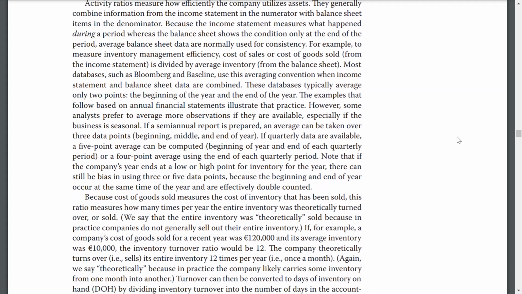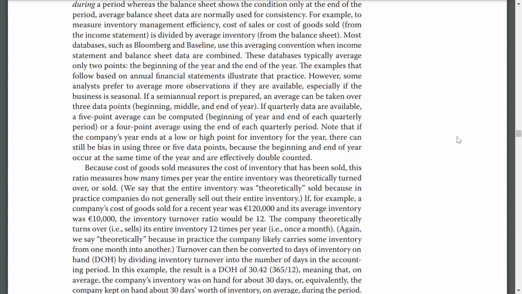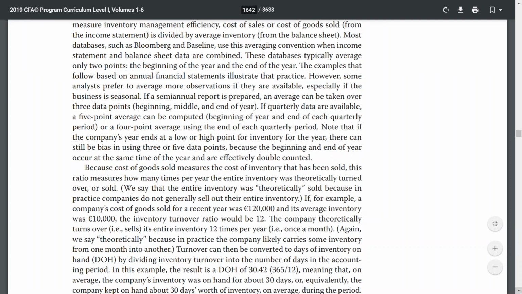For example, to measure inventory management efficiency, cost of sales or cost of goods sold is divided by the average inventory. Most databases, such as Bloomberg and Baseline, use the averaging convention when income statement and balance sheet data are combined. These databases typically average only 2 points, the beginning of the year and the end of the year.